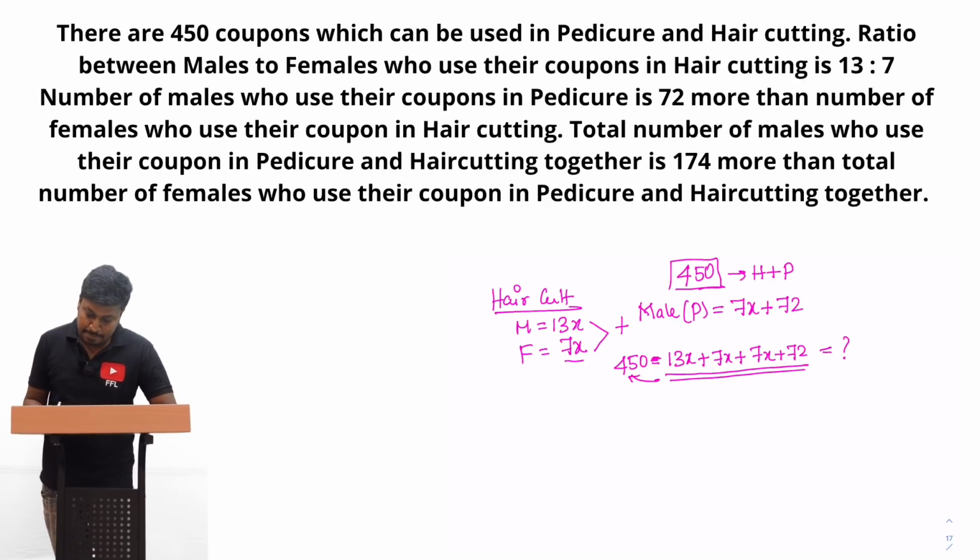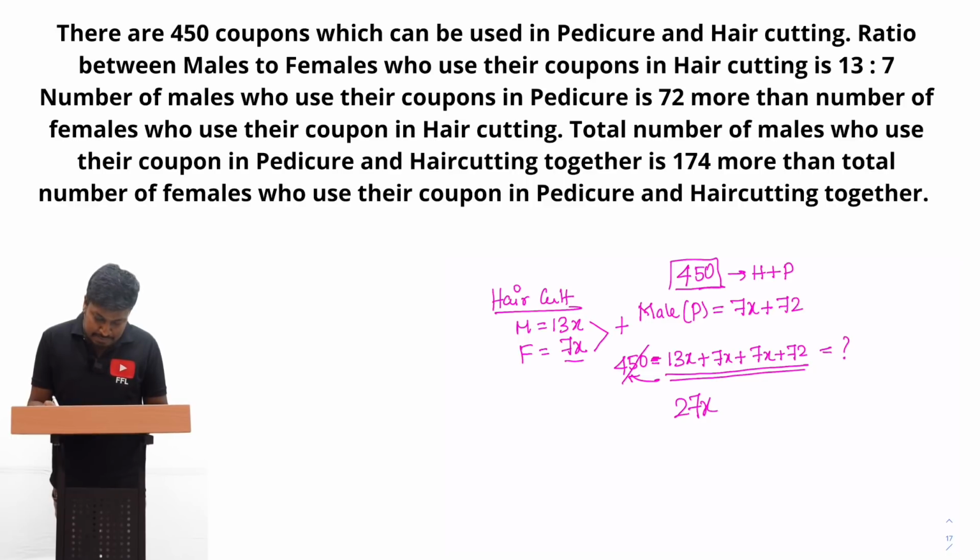Let me subtract all these values. 7x plus 7x is 14x, 14 plus 13 is 27x, and 450 minus 72 is 378. So 378 minus 27x will be the female pedicure.